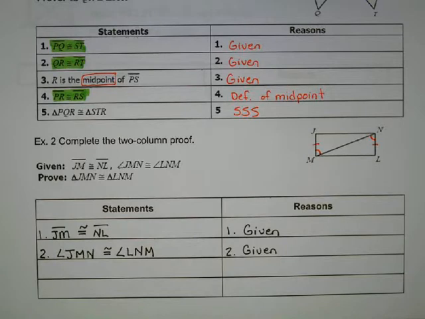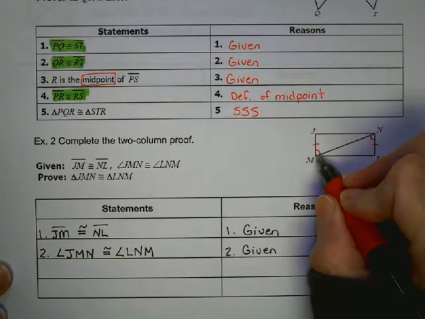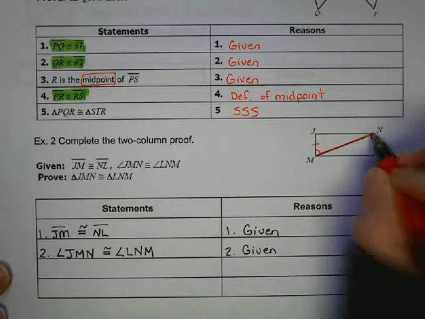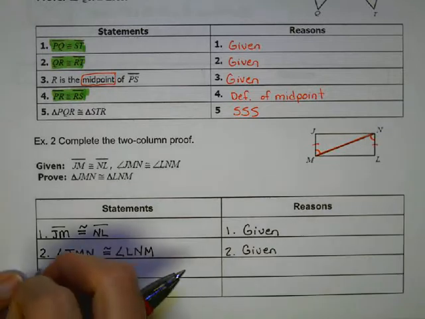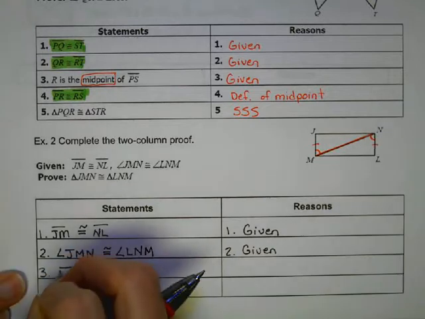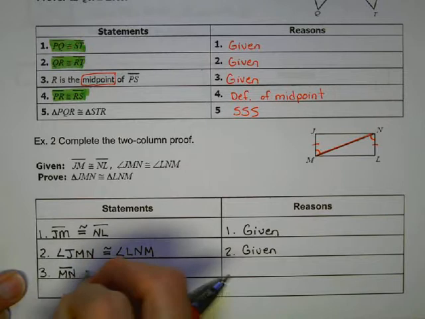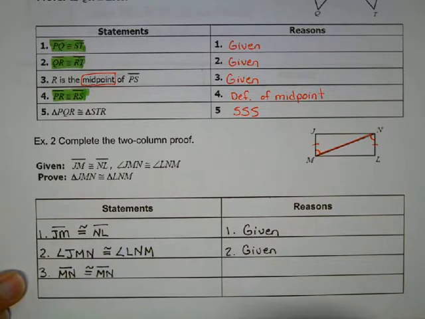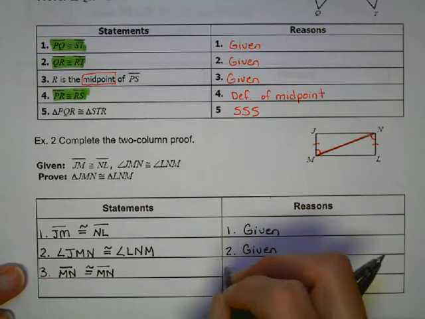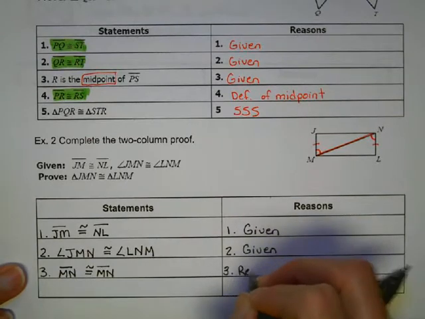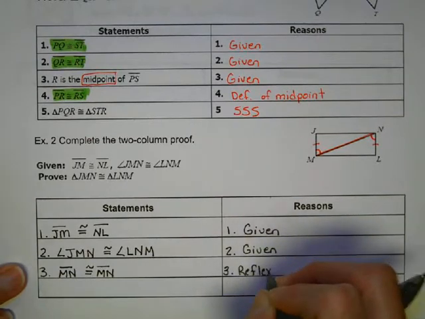In that case, they share this segment. So I'm going to say for step 3, segment MN is congruent to segment MN. These 2 segments are congruent because it's a shared side. So our reasoning is called reflexive property.